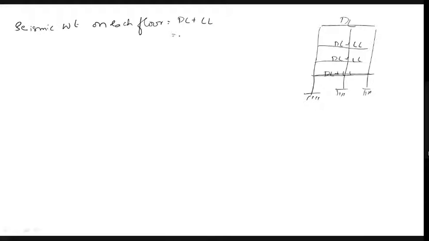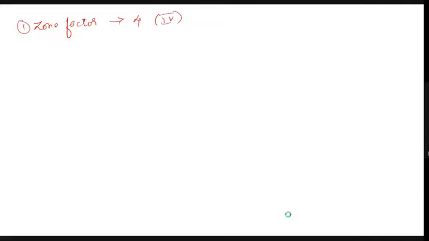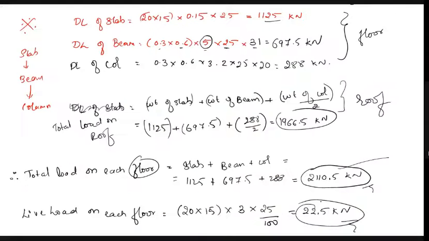What was the dead load we have got? 2110.5. I will show you. See, dead load on floor. Don't get confused with the floor and roof. So total dead load how much was it? It was 2110.5, and live load how much have we got? It is not 22.5, it is 225.